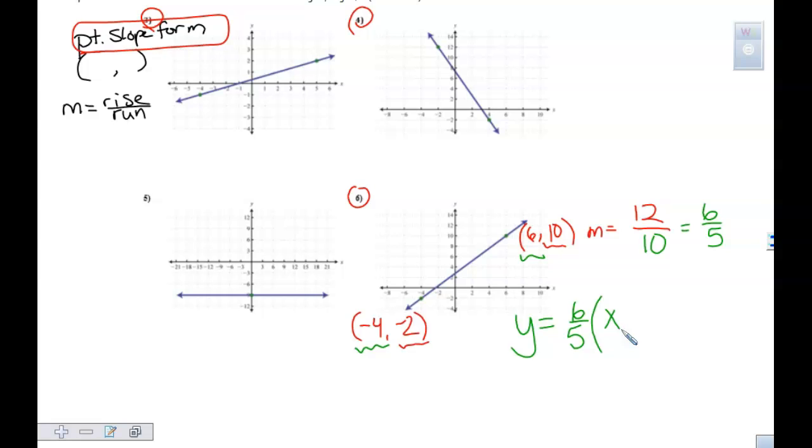I'd go with the positives too. X minus 6, and then we're going to have what? Plus 10. So this one, we can't leave it like this, right? Because this is point slope form, and at the top it says you must simplify this to get it in slope intercept form. So we are going to start doing some multiplication. We're going to distribute.